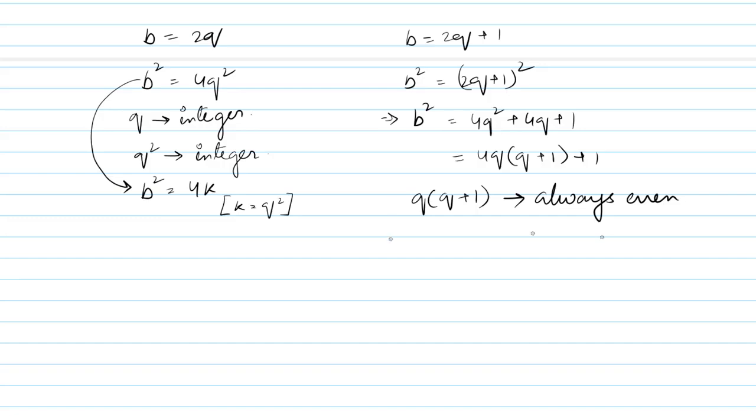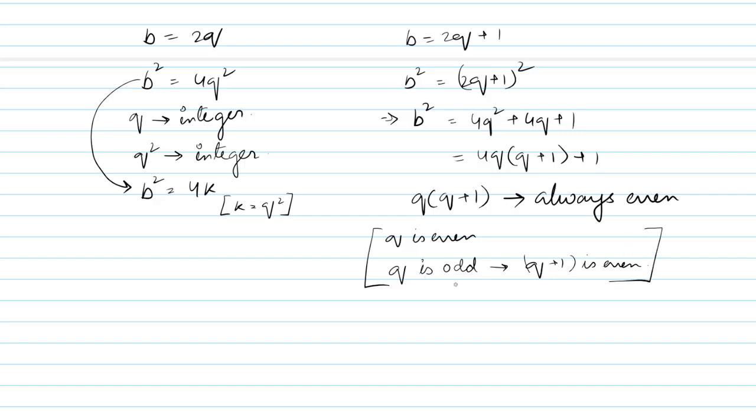Why is that? If q is even, then the product is even. If q is odd, then q plus 1 is even, so the product is even.